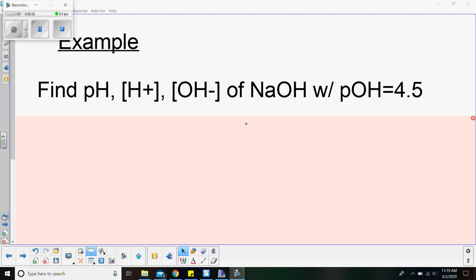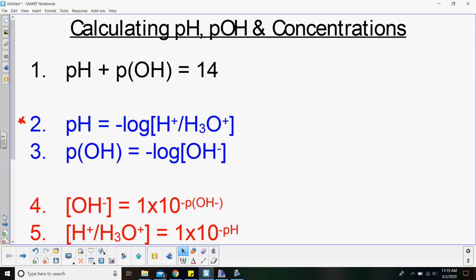I hope you guys were like, all right, let's find the pH. And by doing that, we have equation number 1. So I'd use equation number 1 to find the pH, since we were already given the pOH value. So we're looking at this one right here on the top one.